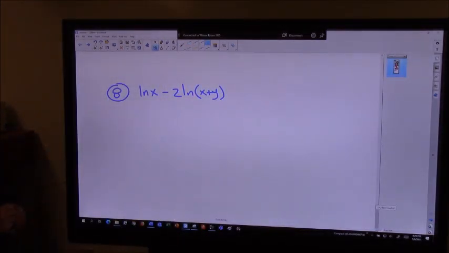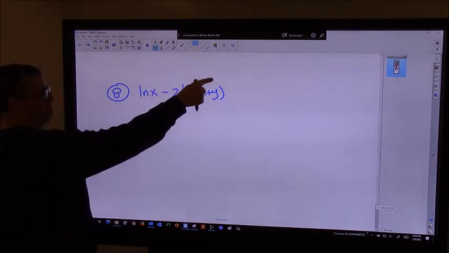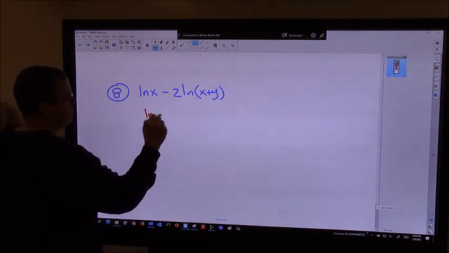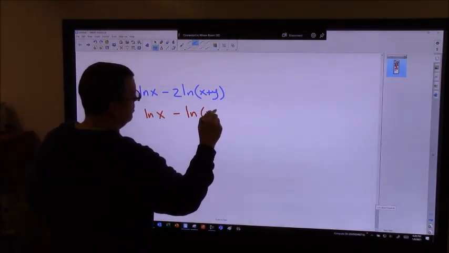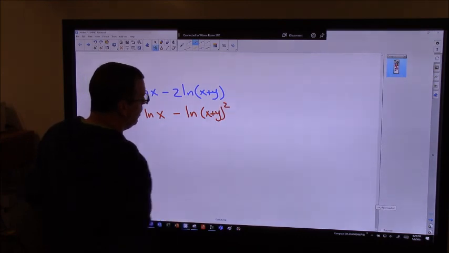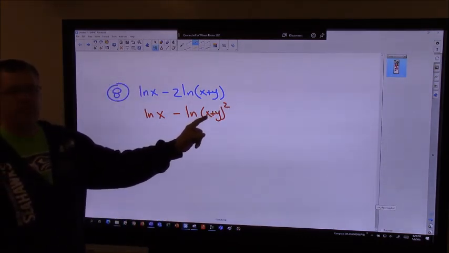All right, let's see if we can condense this one. All right, so, again, I've got a number here. I want to bring that up first. So I've got natural log of x minus natural log of x plus y squared. Now, do we have to go ahead and multiply this out and FOIL it?